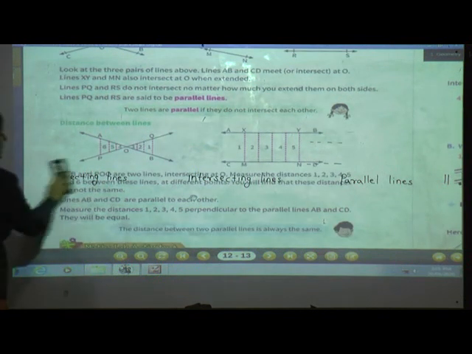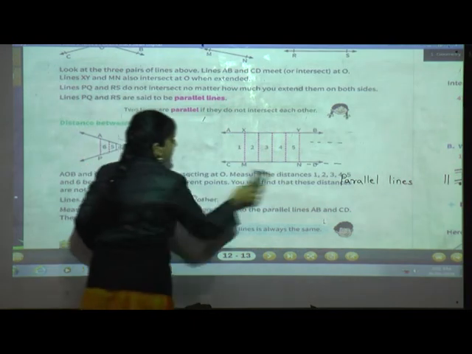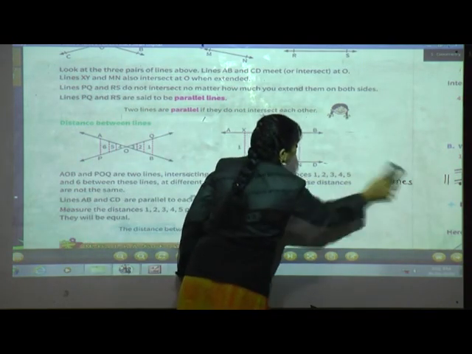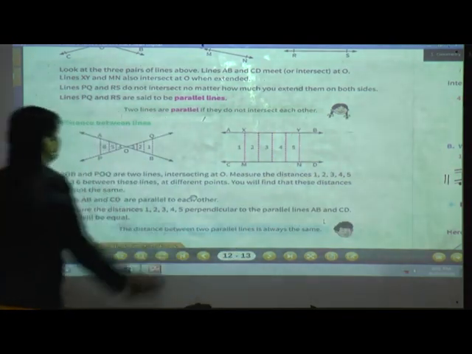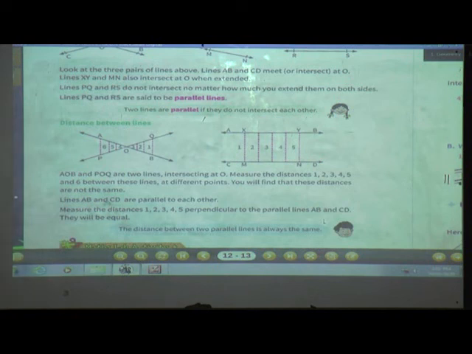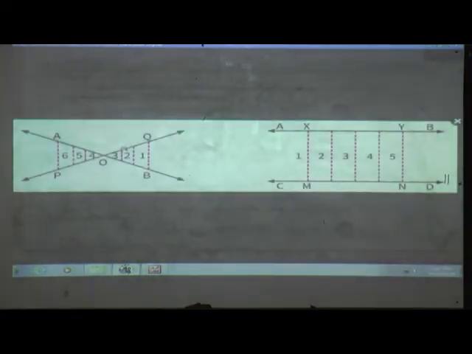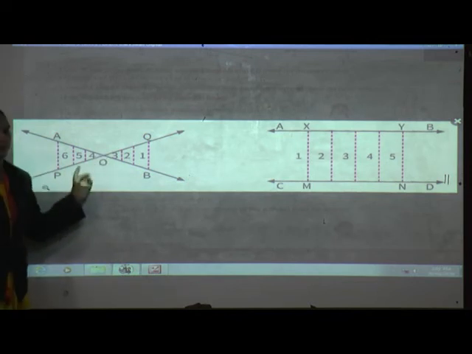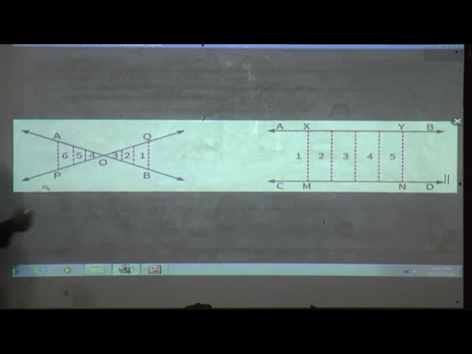Distance between lines. Here is one figure. Which lines are they? Yes students, they are intersecting lines.